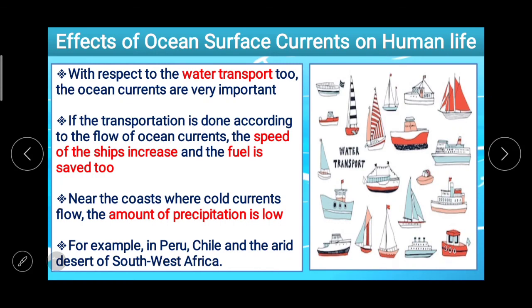If the transportation is done according to the flow of ocean currents, the speed of the ships increases and the fuel is saved too. Near the coasts where the cold currents flow, the amount of precipitation is low.